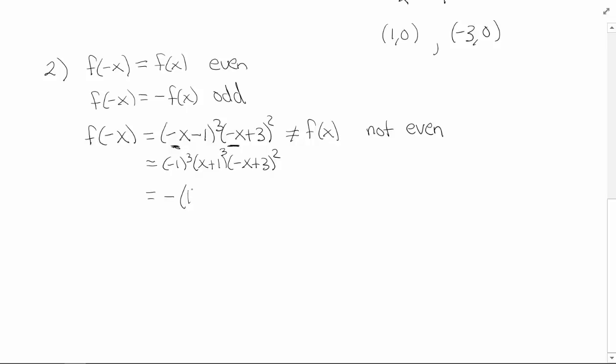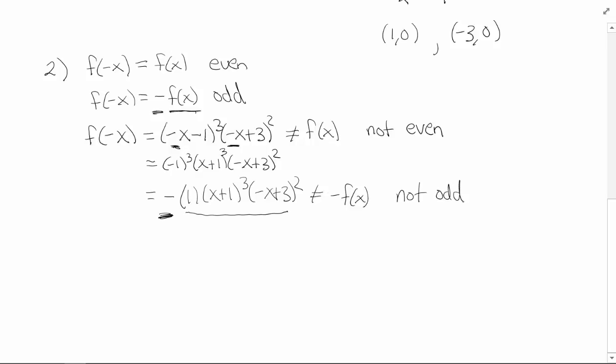A negative 1 times (x plus 1) cubed times (negative x plus 3) squared. So here's that negative from right here, which means the other part has to be f of x. Well, this is not f of x. What this means is this is not equal to negative f of x, which means it is not odd. So I'm not going to have any rotational symmetry either.